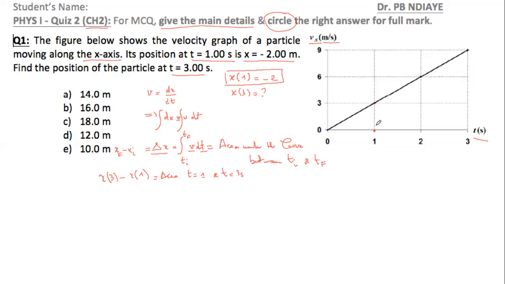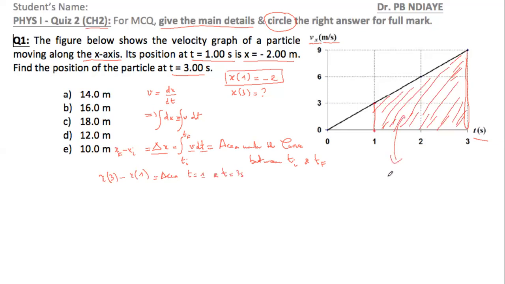So let's draw that area. You see, at 1 second, this is where I start. At 3 seconds, this is where I am. So the area that I want is this area here. As you can see, this is the area I want to calculate. This area under this curve here.